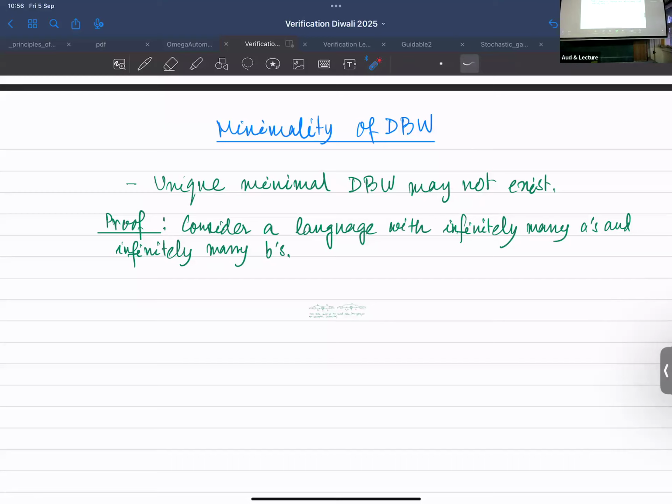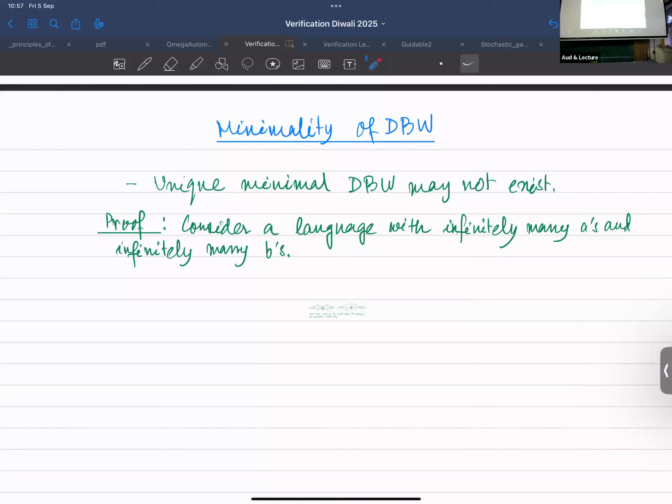How do you obtain this? Equivalence classes, right? There is a relation we talk about, called the Myhill-Nerode relation, so you look at the Myhill-Nerode classes.